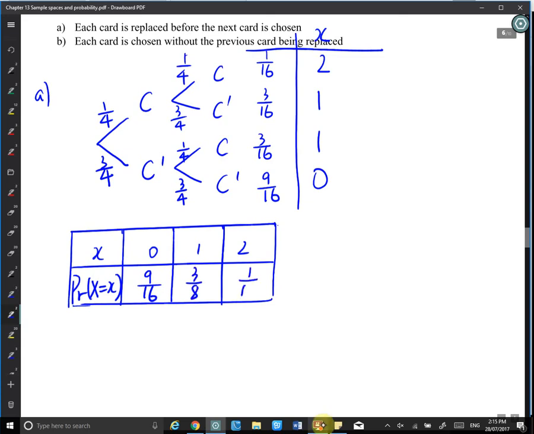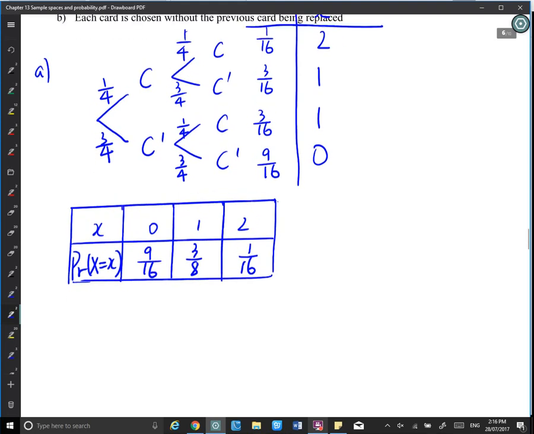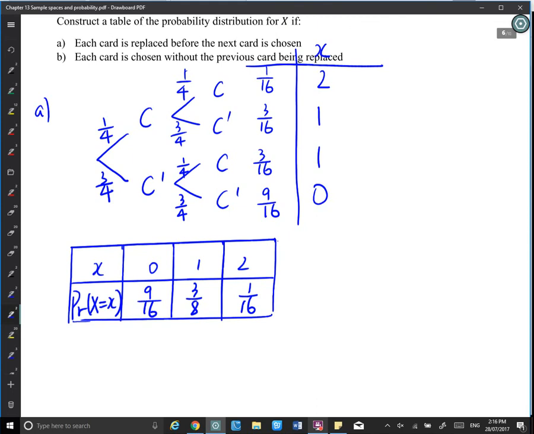And 2 is 1 on 16. Okay, first one is easy because the probabilities are quite nice. It's either 1 on 4 or 3 on 4.